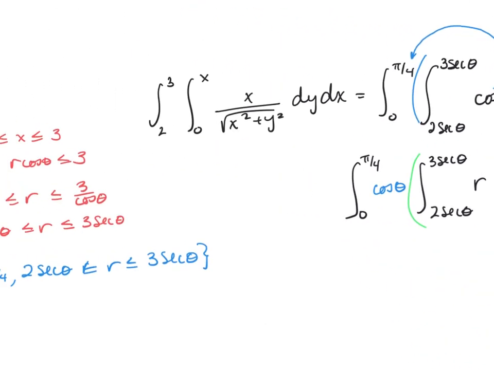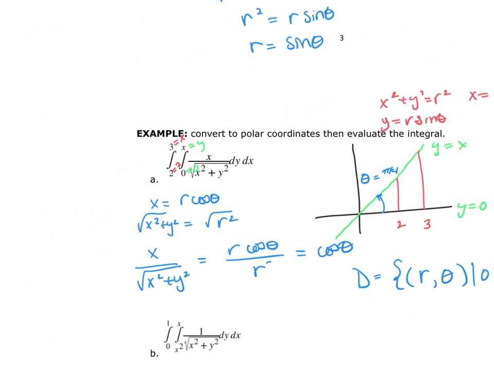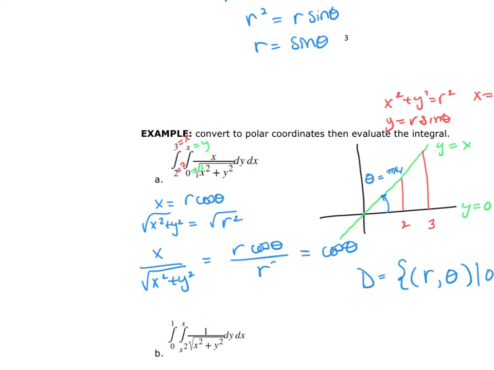Now, personally, by the way, as I look at this, if I was asked to do this integration, I probably would not have chosen to go into polar, because if I do this integration with respect to y first, x over the square root of x squared plus y squared dy dx, I probably would have switched the limits of integration from 0 to x and evaluated with respect to x first, because right out of the gate it looks to me more like a u substitution with the limits switched.